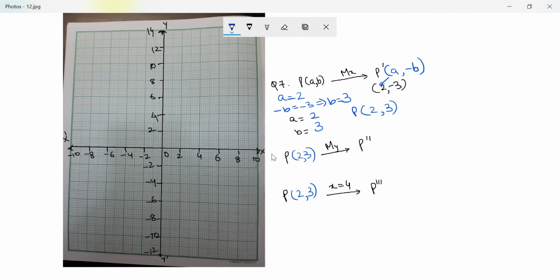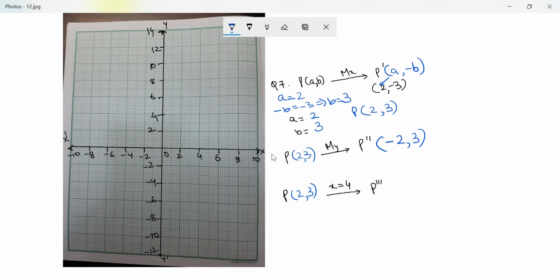Next part says P double dash is the image of P reflected in the y-axis. So if I were to reflect it in the y-axis, the sign of the x coordinate will change, y remains the same. That's about it. Let's look at the last part. It says find the coordinates of P triple dash when P is reflected in the line parallel to the y-axis such that x is equal to 4.